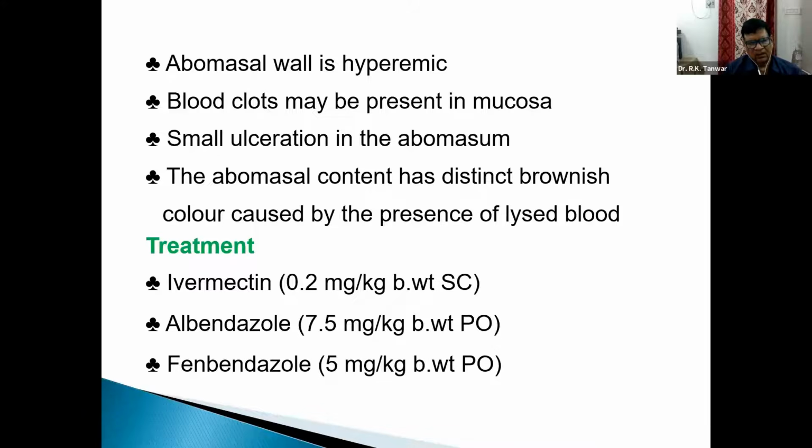But again, we have to see it because there is a development of drug resistance. Similarly, sometimes even after deworming, the feces contain a large number of eggs. So we have to think about whether there is a drug resistance problem or not.